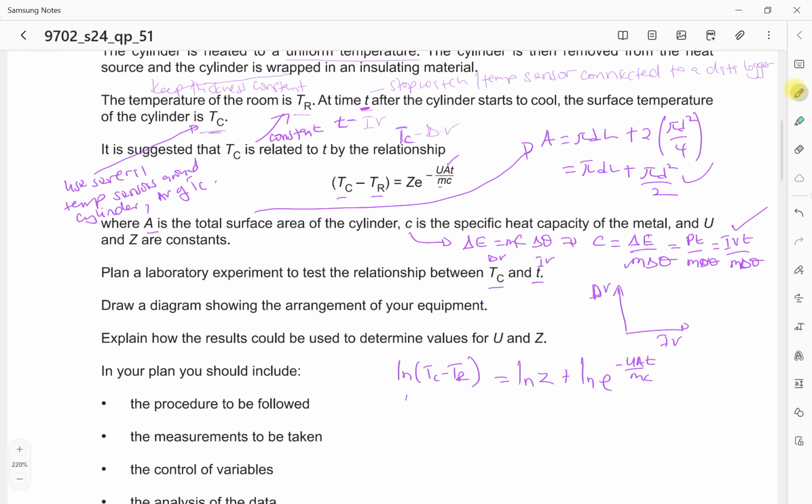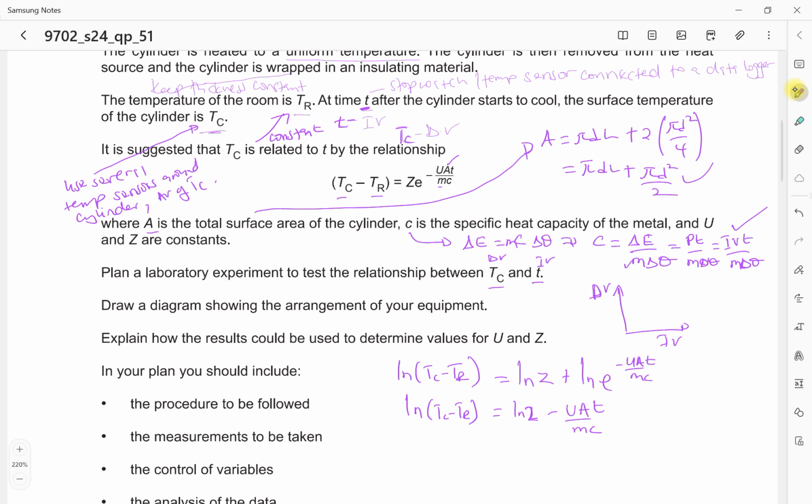This simplifies to ln of (Tc minus Tr) equals ln of Z. So ln of e to the power, it will only remain with the power. So this will be minus UAt divided by mc.